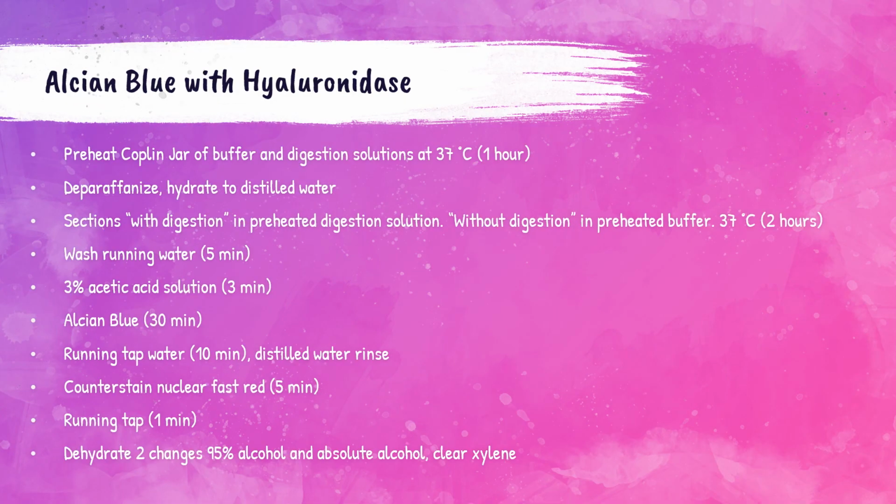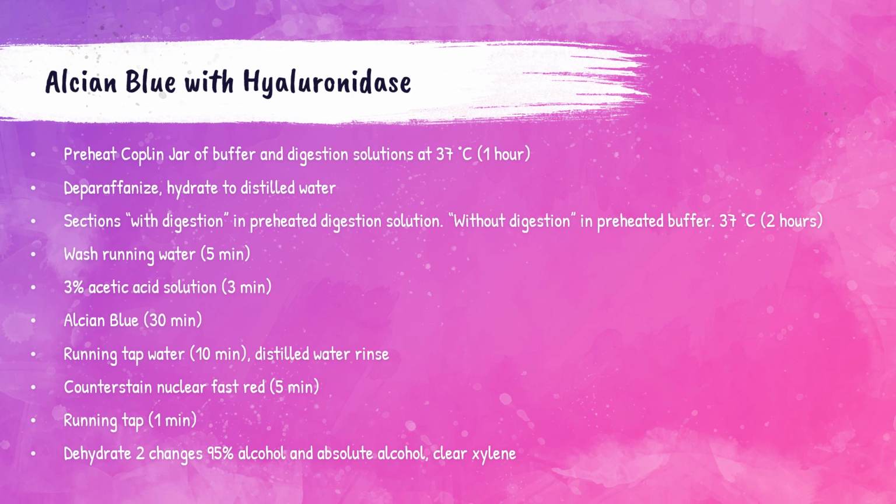The procedure for performing the Alcian blue with hyaluronidase stain is as follows. Preheat a Copeland jar of buffer and digestion solutions at 37 degrees Celsius for 1 hour. So you want 2 here, 1 of just the buffer solution and 1 of the digestion solution. You want to deparaffinize the tissue and hydrate it to distilled water.